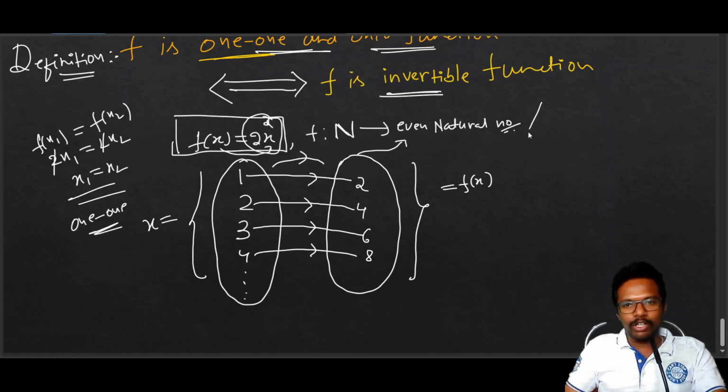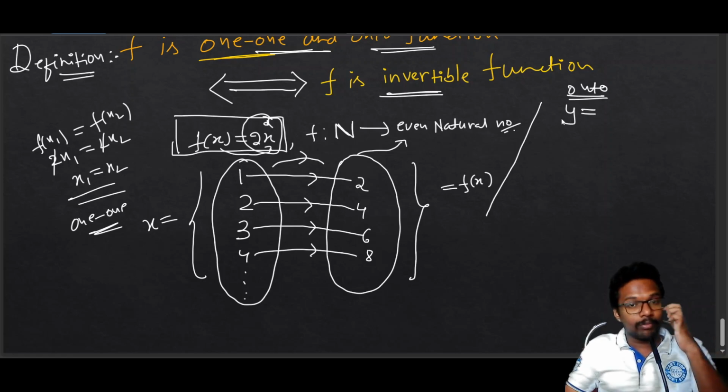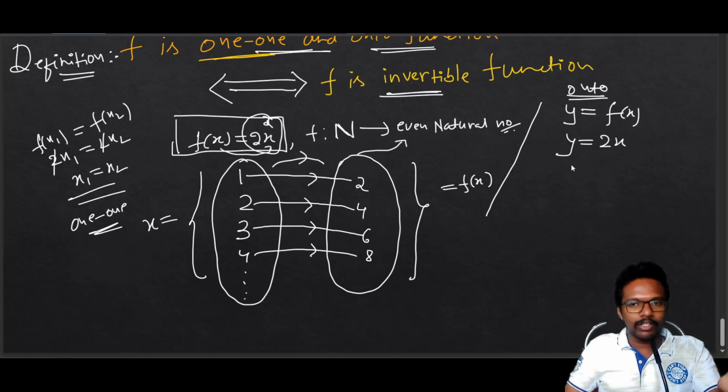Now let's check for onto. How are we going to check onto? We consider a y in the codomain and make sure this y equals our given f of x, so y equals 2x. Now we find whether the x value is present in the domain. So x equals y by 2.